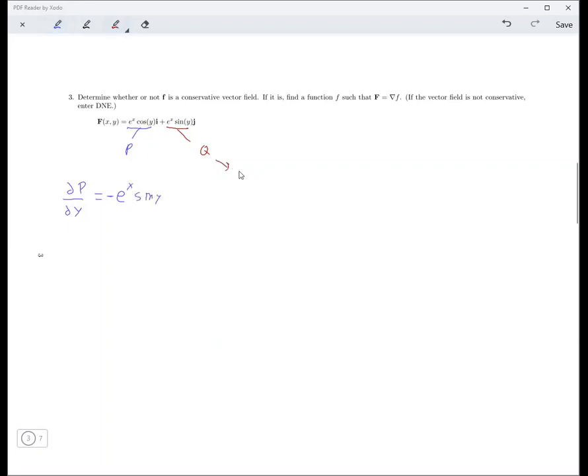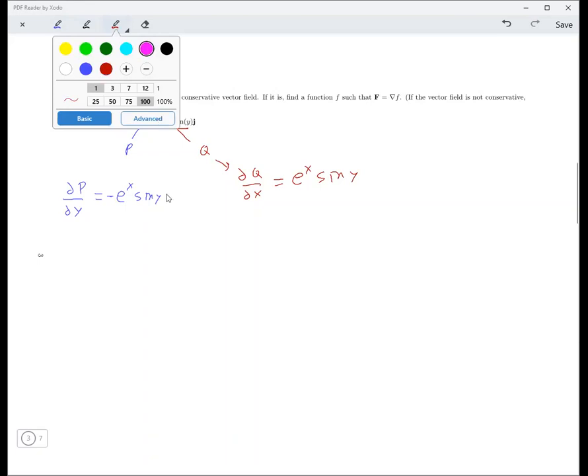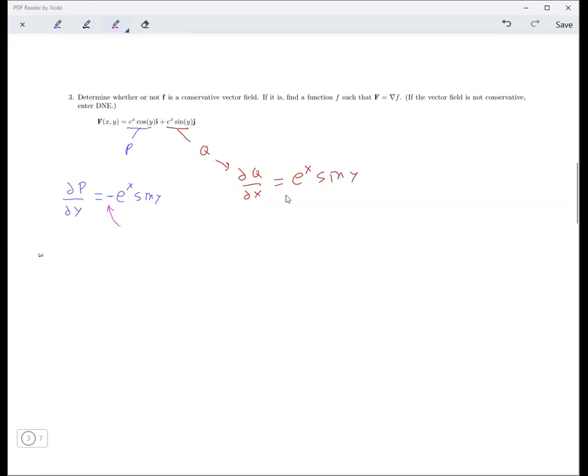And then meanwhile over here, the partial of Q with respect to x, the derivative of e to the x is just e to the x, so you get e to the x sine y. Now because this has a negative sign and this one doesn't, these are not equal. So that means that it's not a conservative vector field.